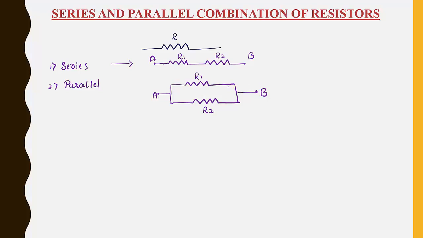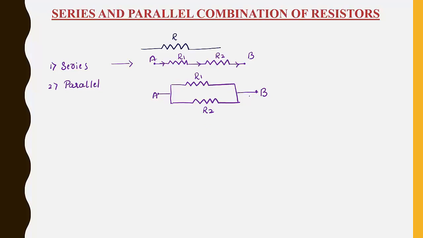Right? Now, in the first combination, in series combination, if you want to reach the point B, then the charge has to travel through R1 as well as through R2. But in parallel combination, if you want to reach the point B, either you can go through R1 or you can go through R2.